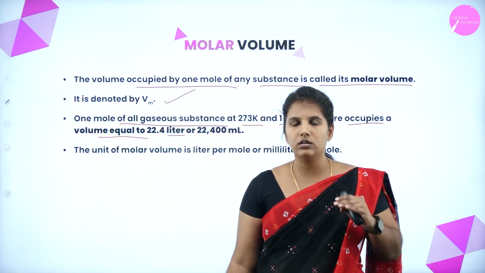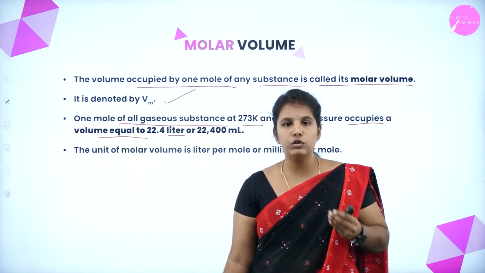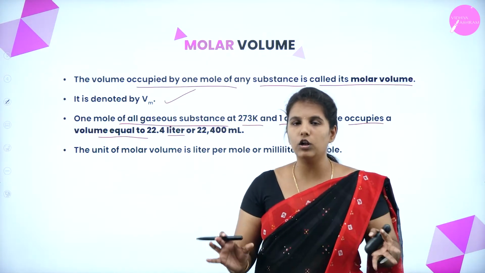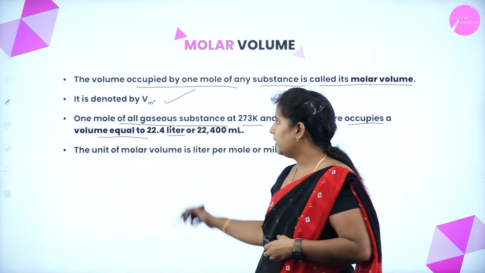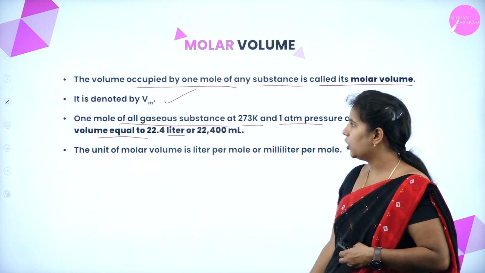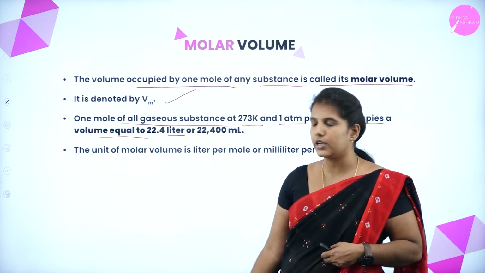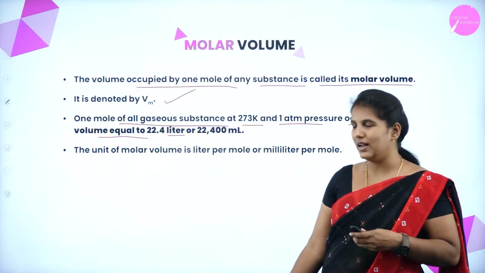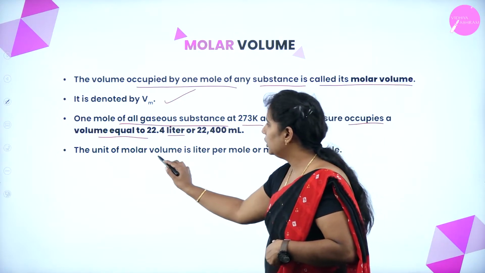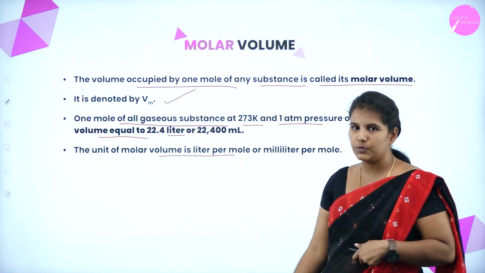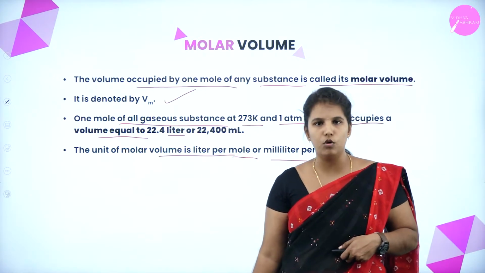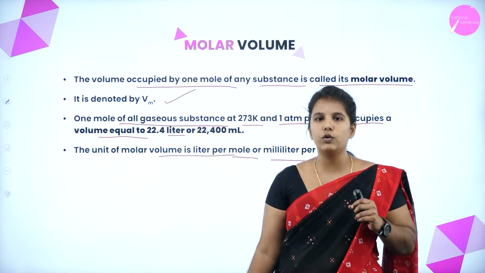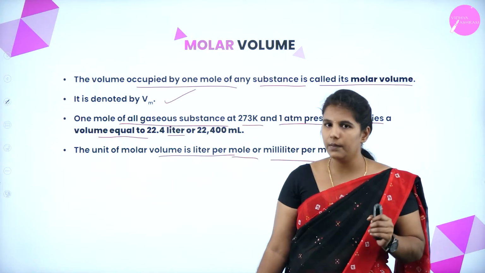This is a standard value we use to calculate the volume occupied by substances. The volume occupied by all gases at standard temperature and pressure is 22.4 liters. The unit for molar volume is expressed in liter per mole or milliliter per mole. You have to keep these things in mind while solving problems.